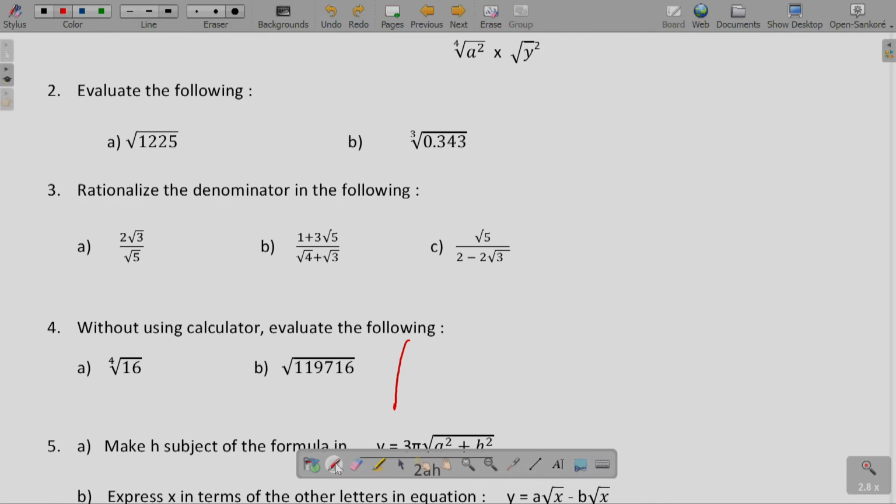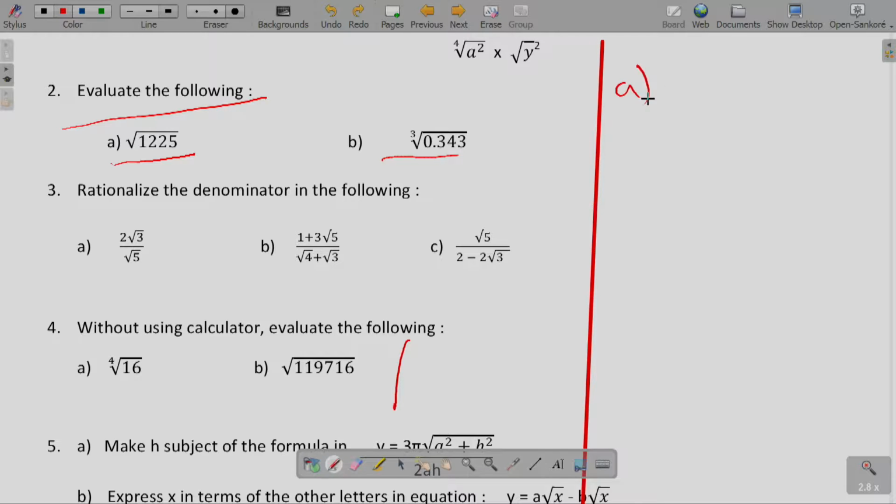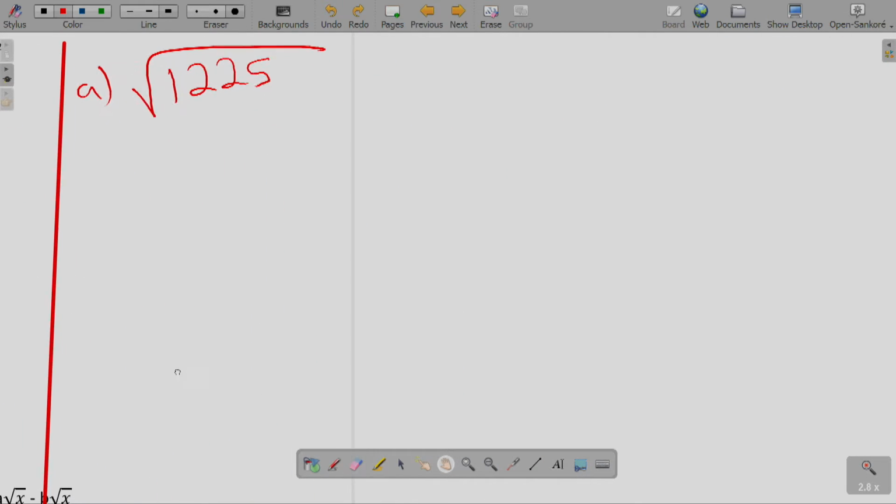Question number 2. Evaluate the following. We have to evaluate the value of the square root of 1225. So we have the square root of 1225, and we have to find its value.